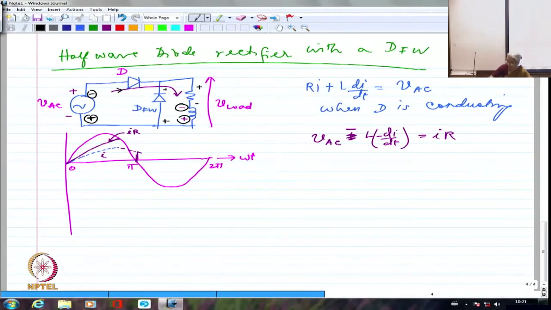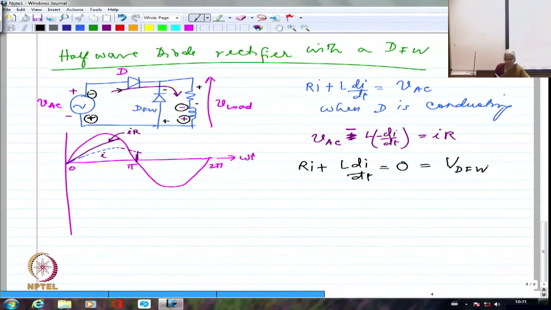The moment this diode takes over, if I neglect the drop across the freewheeling diode, I should write the equation as Ri plus L di by dt equal to 0, which is actually the voltage drop across the freewheeling diode. So this is when DFW is conducting.